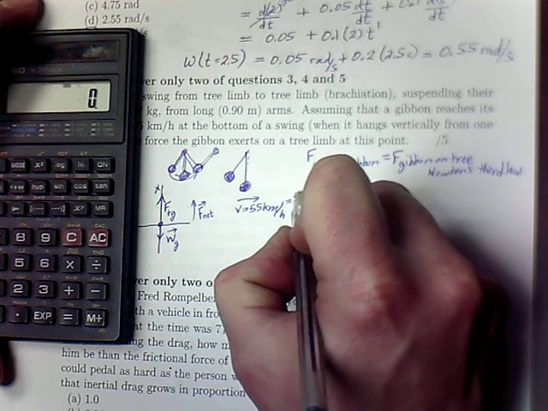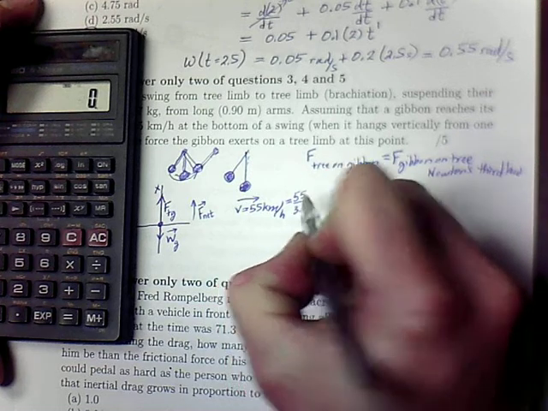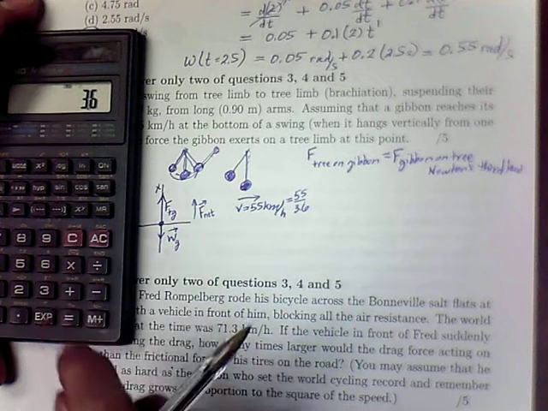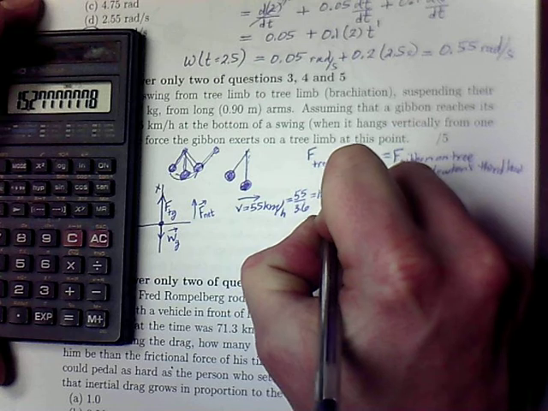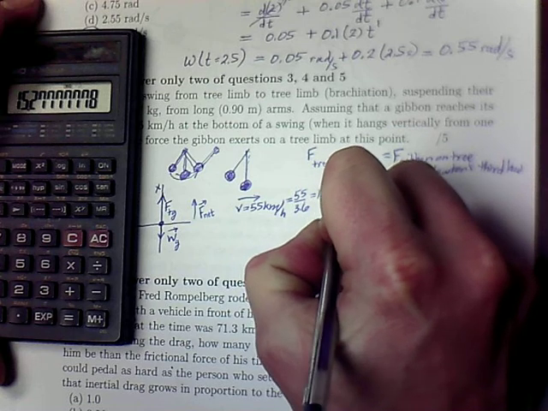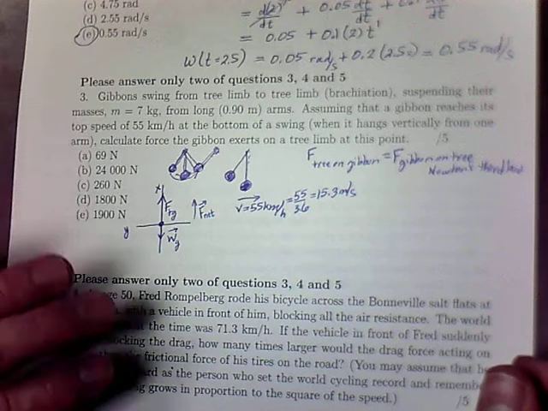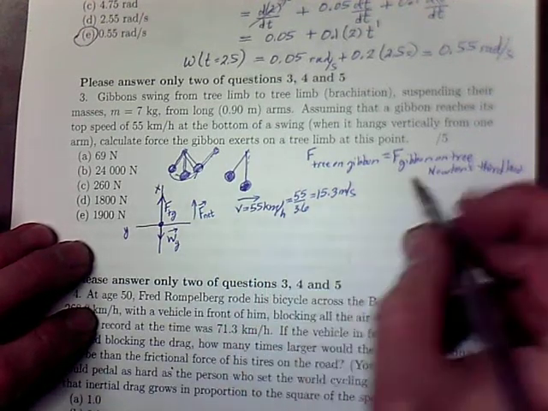The conversion from kilometers per hour to meters per second is 3.6. And so 55 divided by 3.6 gives us 15.2 or 15.3 meters per second. And it's useful to have our things in SI units at the start of a problem.